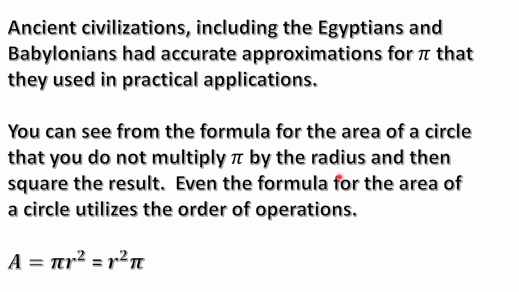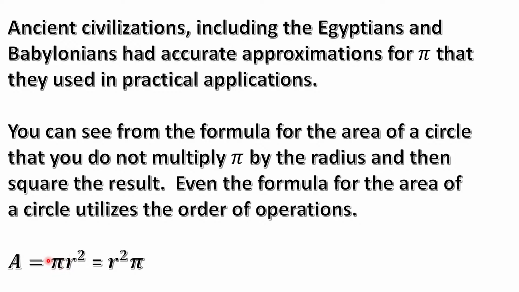Now, you can see from the formula for the area of a circle that you don't multiply pi by the radius and then square the result of that, right? There's no parentheses in A equals pi r squared. And yet you do not multiply pi times r and then square that. You actually solve r squared first and then multiply that by pi.